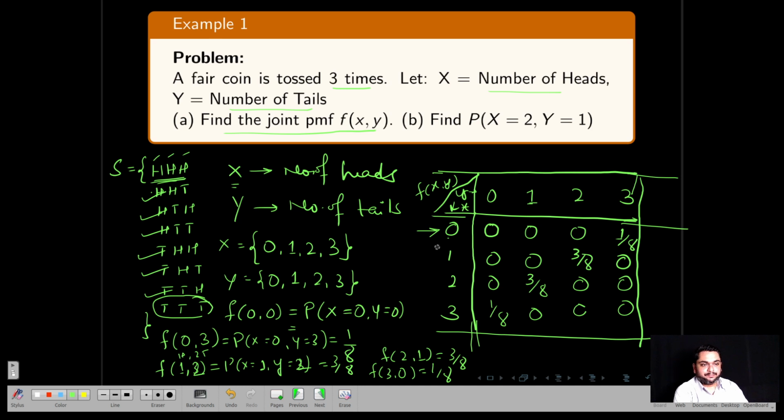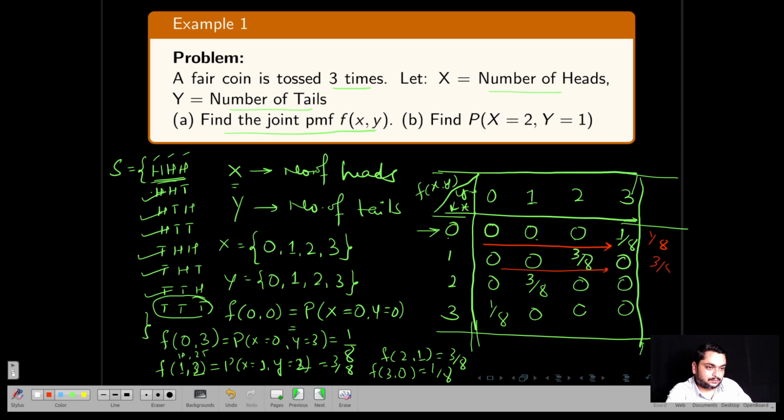What they mean to say? So observe here. First take all the rows sum, 0 plus 0 plus 0 plus 0 plus 0 plus 1 by 8. Then it is 3 by 8, this row.